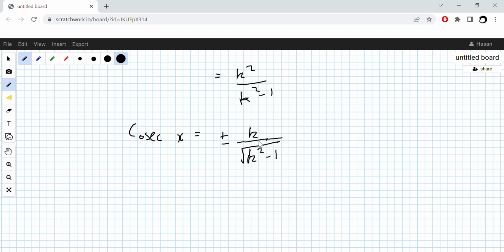To find out whether it's positive or negative, we're going to use our knowledge of the class diagram. Cosec relates to sine, and sine is positive in the obtuse region. Therefore, it's going to be positive, which is k over root k squared minus 1.